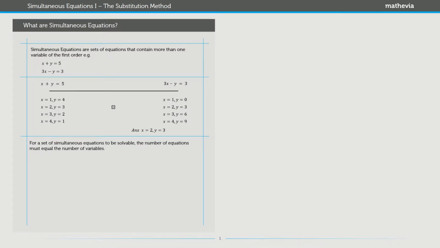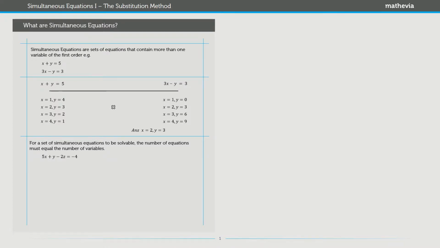Now, for a set of simultaneous equations to be solvable, the number of equations must equal the number of variables. From the example that we just did, we had two variables and two equations. You could have instances where you have three variables at play, and to solve those, you would require a set of three equations.